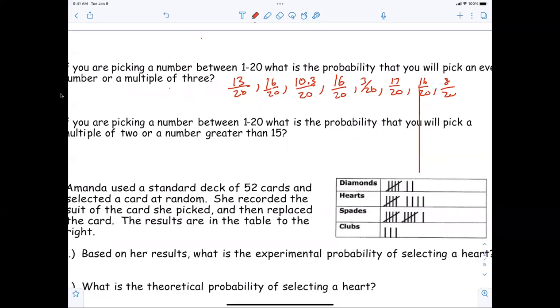Somebody else. 14 out of 20 is different. Anybody else with a different probability? 4 out of 20. What else? 13 out of 20 is good. Just an answer, I just want a fraction. 4 out of 5. I like it.